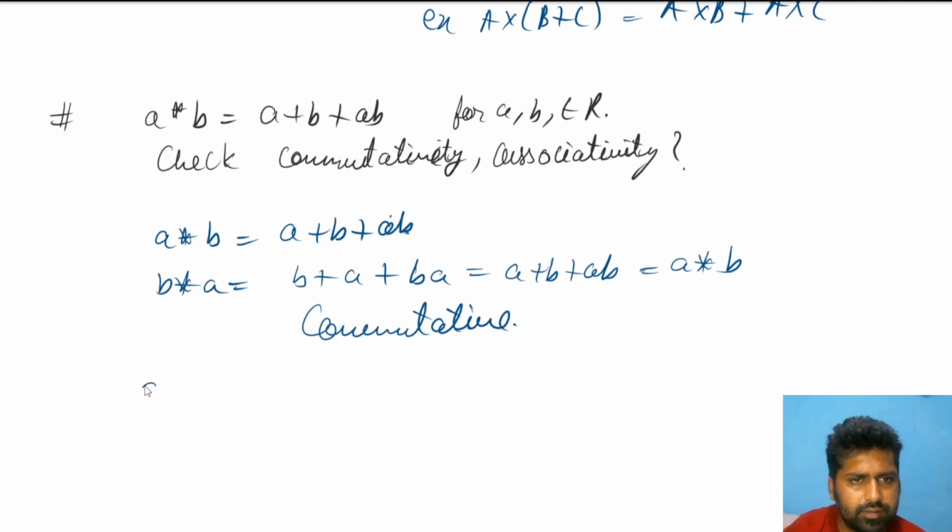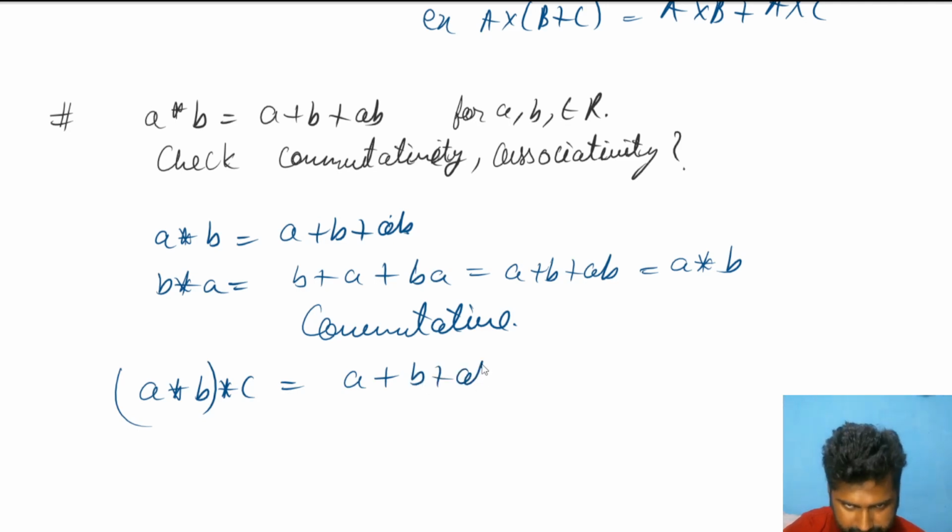Next we have to check for A star B star C. Let's do this first. So A star B is A plus B plus AB, and then we have to apply the binary operation with C also.